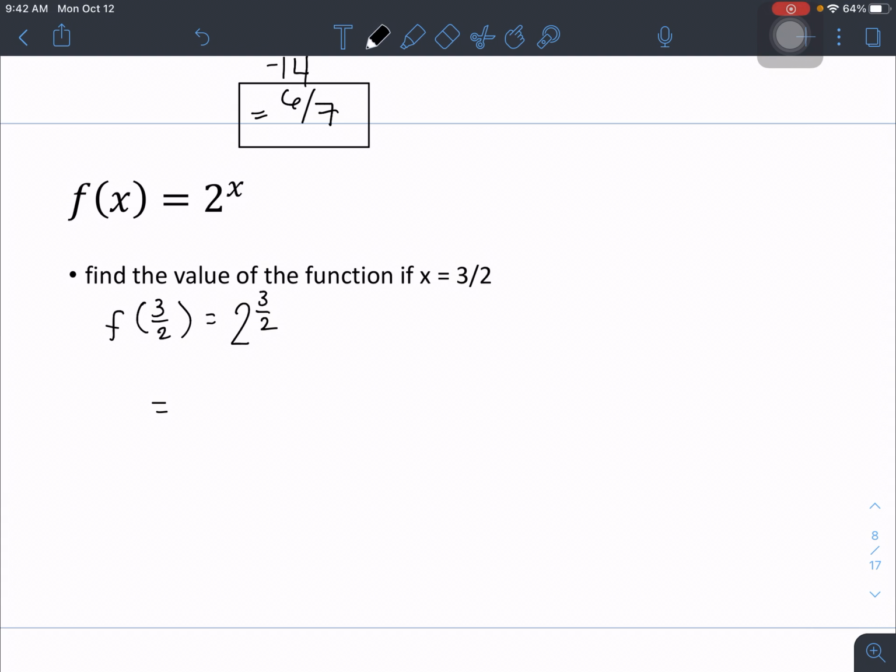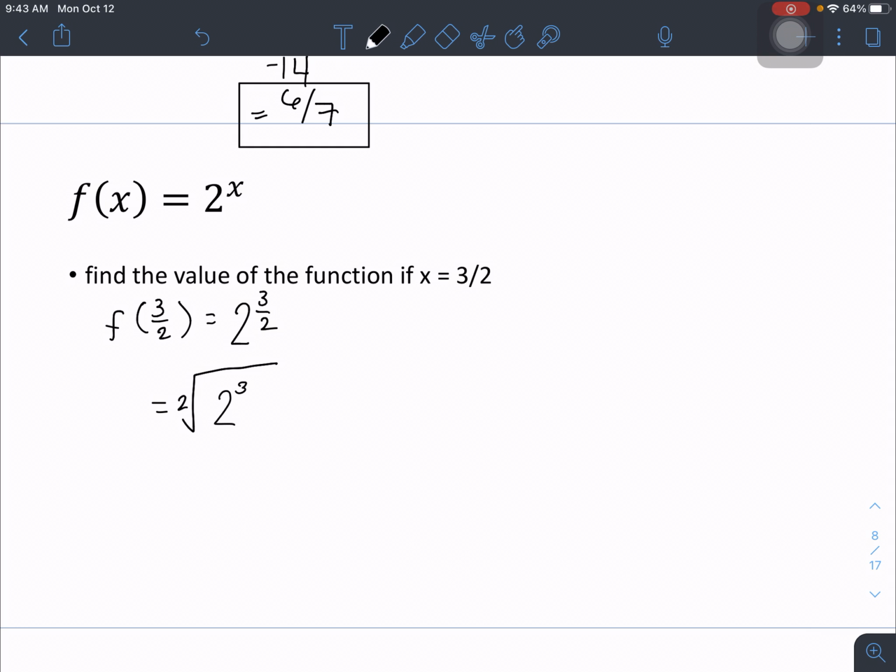I just need to raise 2 by the numerator of the exponent, which is 3, and a radical sign wherein the index of the radical sign will be equal to the denominator, which is 2.